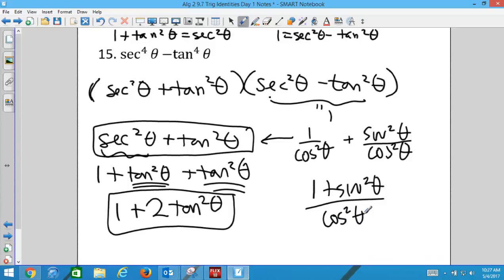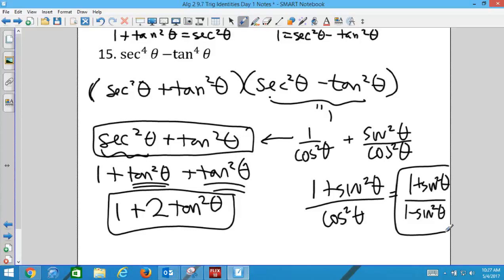And then that doesn't have an identity, so we could do 1 plus sine squared theta over 1 minus sine squared theta. At least they're all sines, but there's really not any other way of simplifying that one further. So not all things that you're given simplify nicely down to 1, but most of them do.